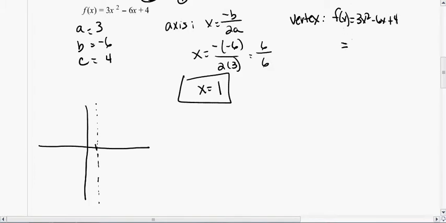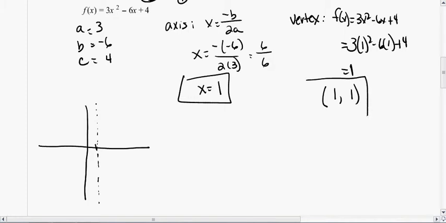Now I'm going to substitute in 1 for x. 3 times 1 squared minus 6 times 1 plus 4, which is 3 minus 6, which is -3, plus 4, which is also 1. So the y value here is going to be 1, which means that my vertex is 1, 1.